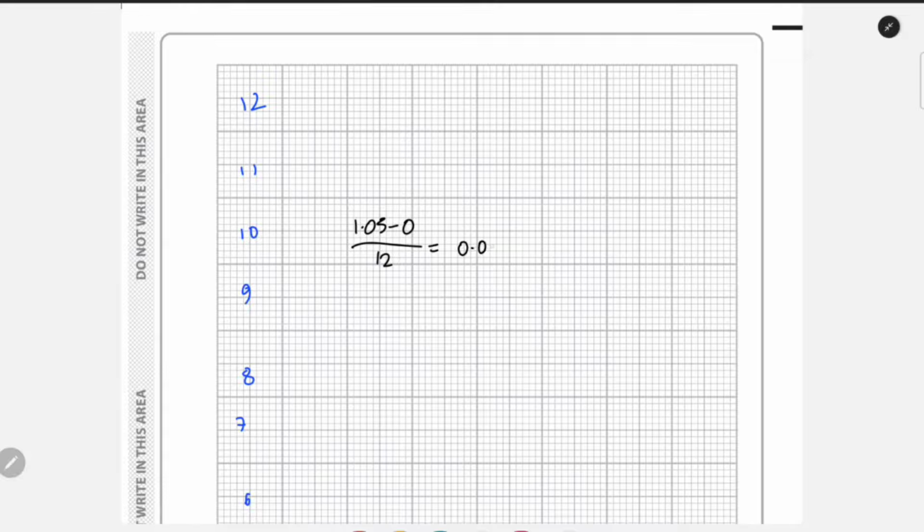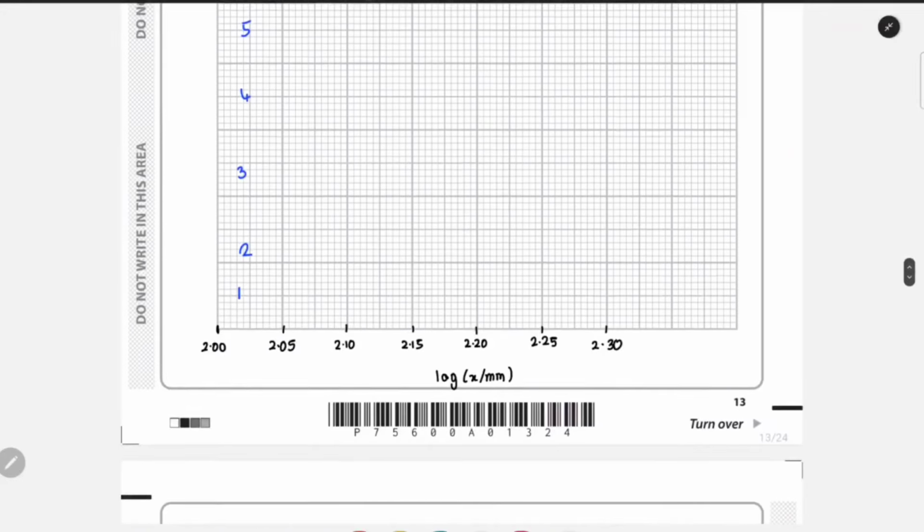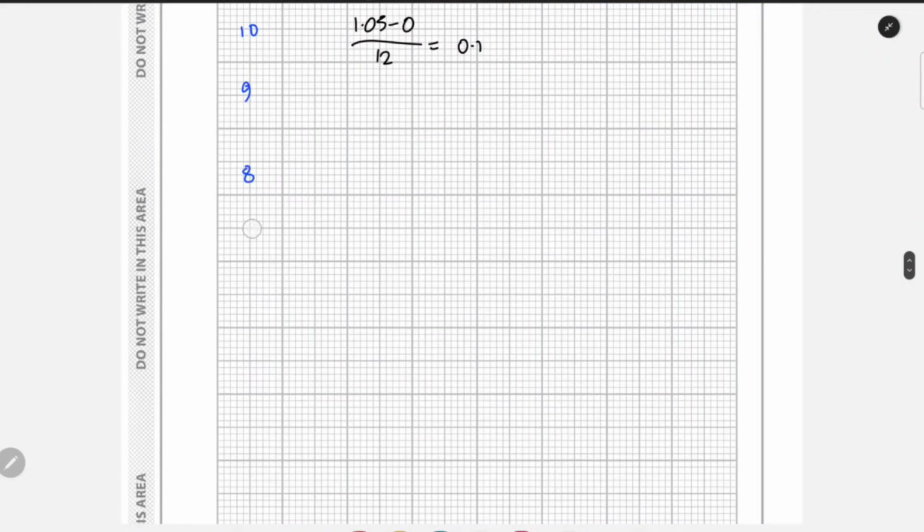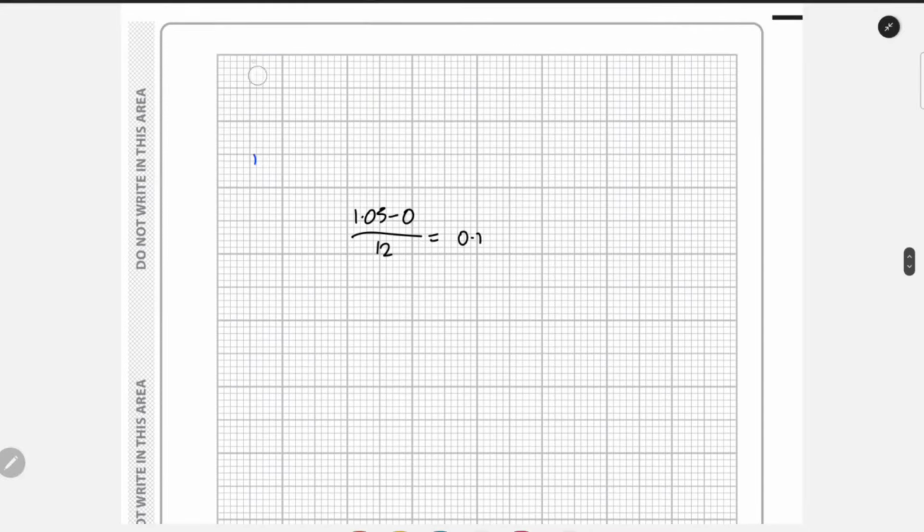This comes out to be 0.09, so we can take 0.1 for each box in the y-axis. We choose a number slightly bigger than what we get. 0.1 is slightly bigger than 0.09, and easily workable in a graph.